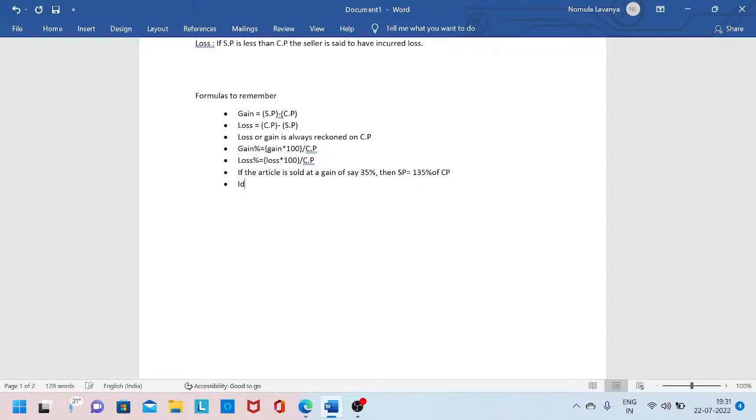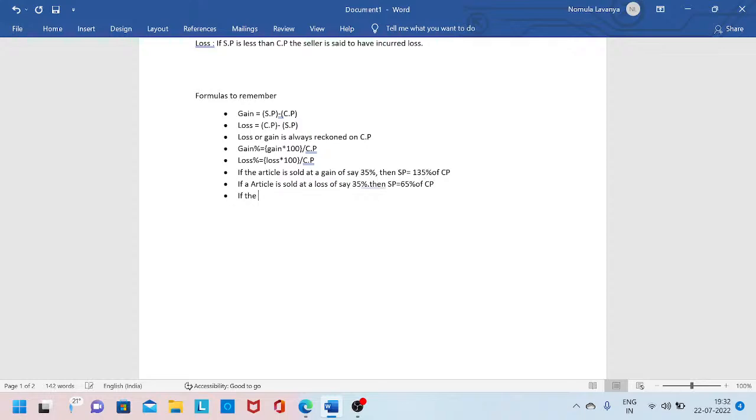And if an article is sold at a loss of say, suppose 35%, then SP equals 65% of CP.